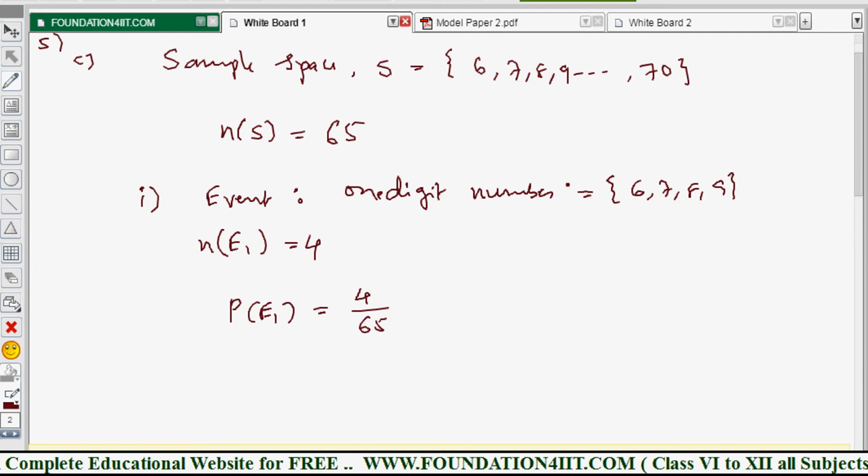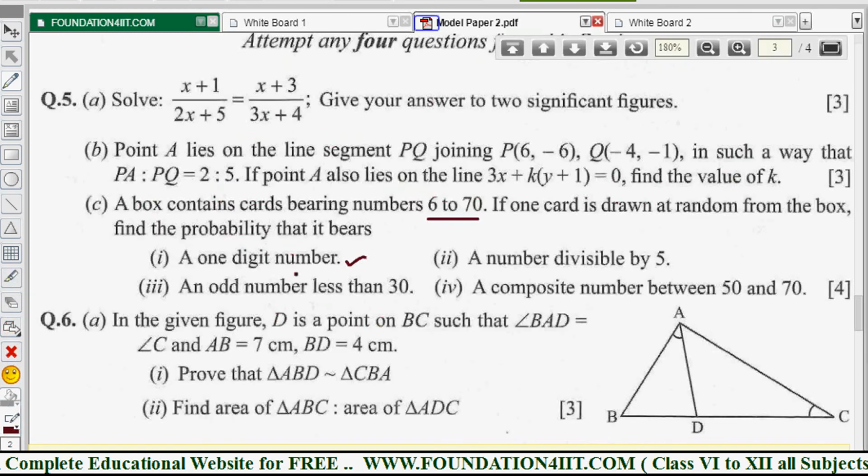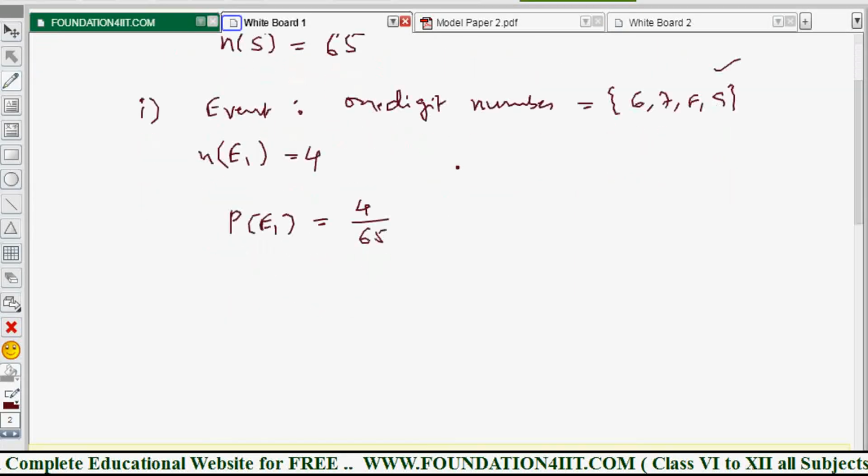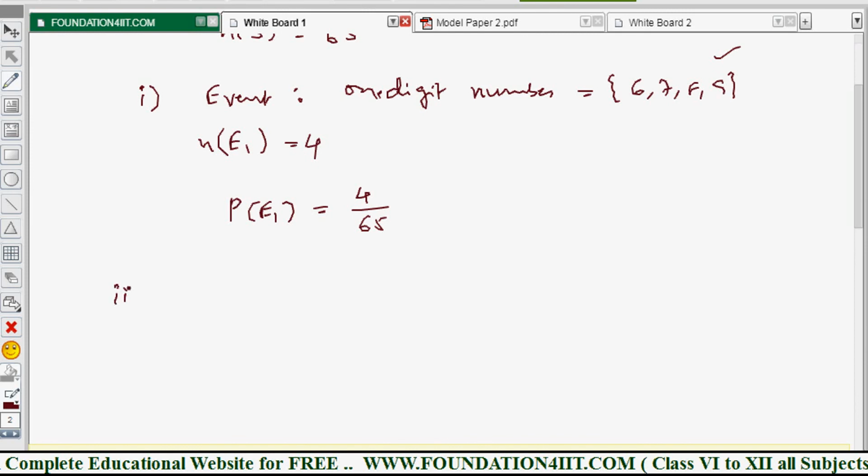Next statement: the second one is a number divisible by 5. Which numbers are divisible by 5, only from 6 to 70? If we take it as event 2, the numbers divisible by 5 start from 10, because 5 is not there, from 6 onwards.